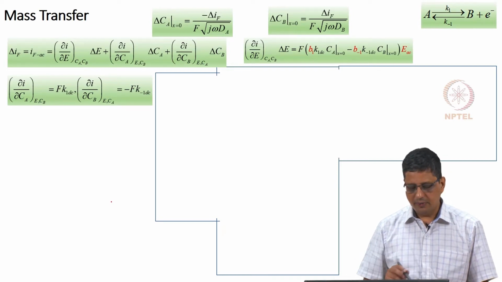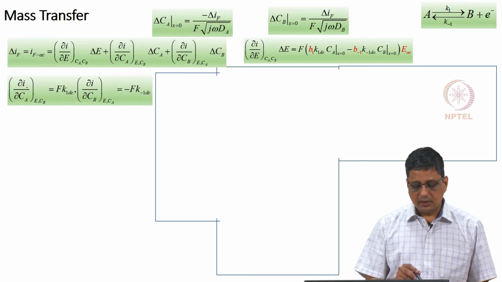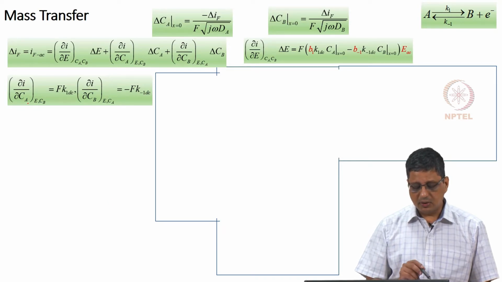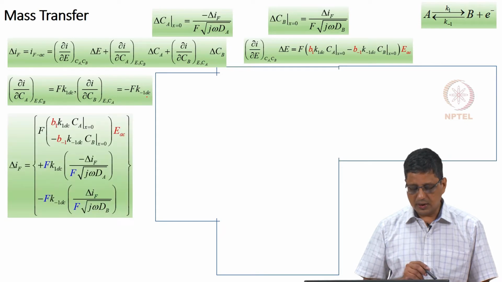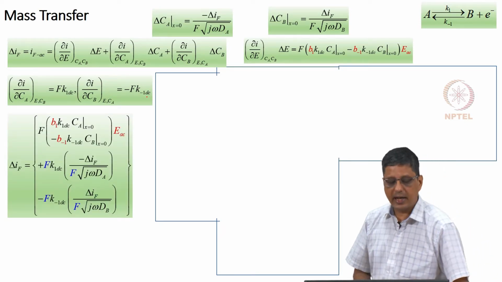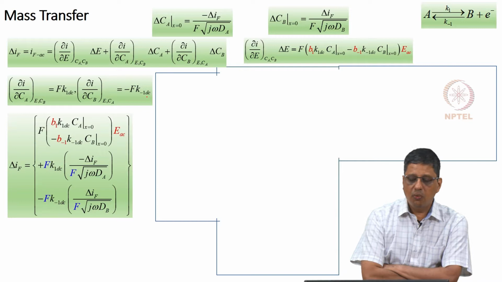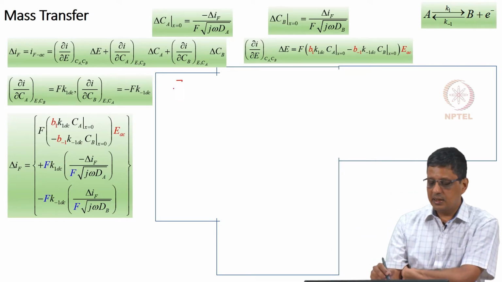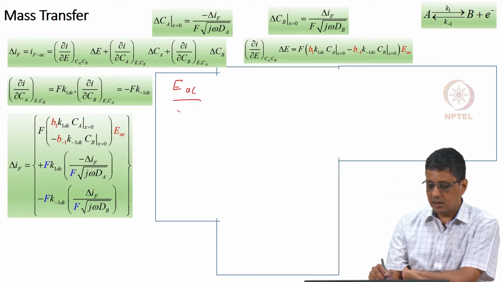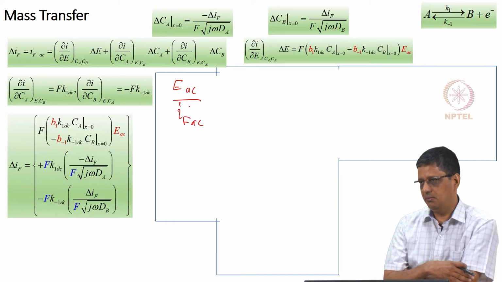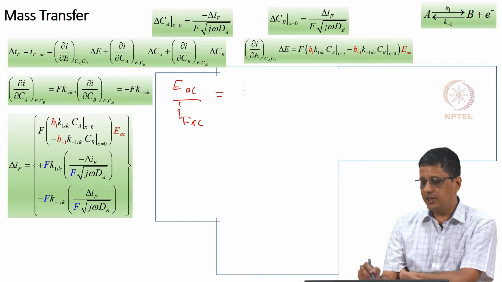We had done this before. The derivatives of current with respect to the concentrations of A and B are also known to us. So, we are going to substitute and rearrange. What we want to get is the inverse of this, and on the right hand side everything else should be known to us.